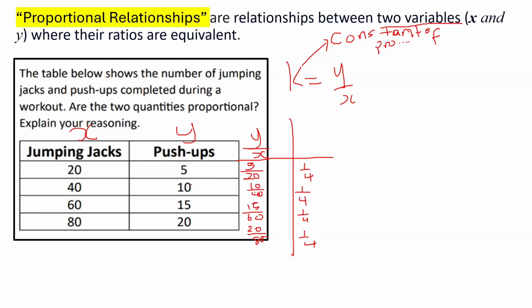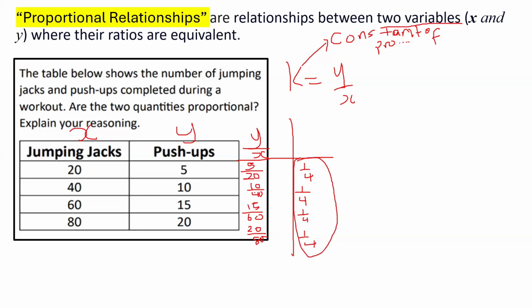Point to note, you have to take each pair and divide y by x. You cannot just do the first two and say, okay, the ratio here is 1/4. No, you have to make sure you do it for each one so that you can see whether or not the ratios are the same. All right. So once you do that, we are going to look at our ratios. Ratios is the same thing as fractions.